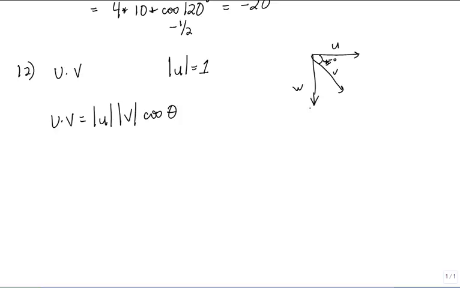The angle between u and v is 45 degrees. So the magnitude of u is 1. If the magnitude of u is 1, then the magnitude of v is square root of 2 over 2.